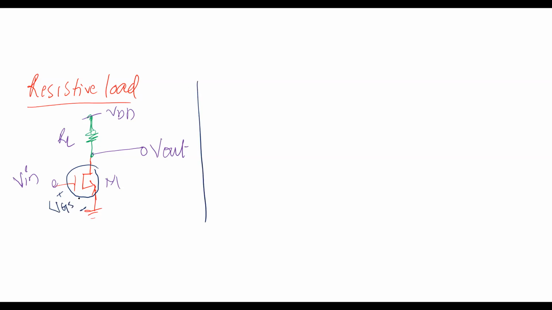Whenever your input voltage Vin is less than VTH, the threshold voltage of this NMOS transistor, VTHN, what happens with this condition? This transistor will not be switched on, so M is off.